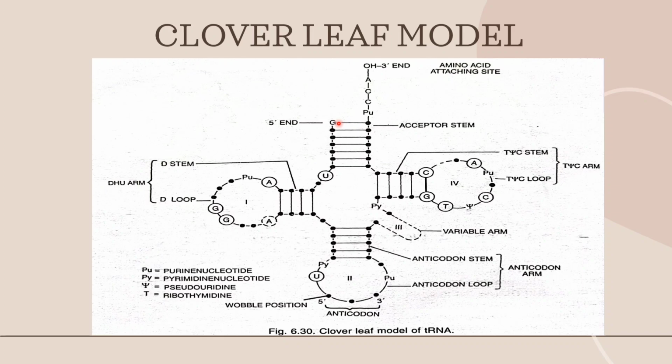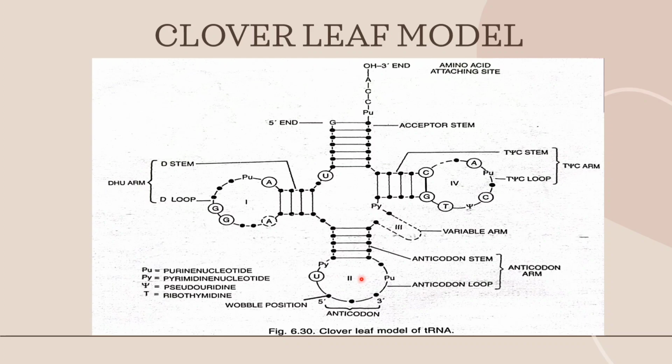Now let's know about the role of different loops. This loop is the T-side loop. The function of this loop is that, with the help of this loop or arm, tRNA combines with the larger subunit of ribosome. So this loop helps in attachment of tRNA to the ribosome.